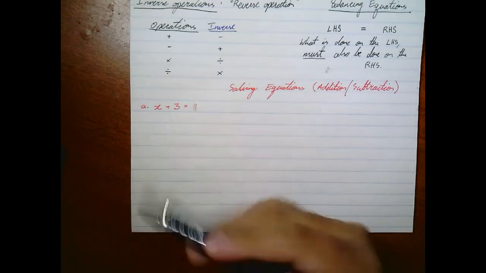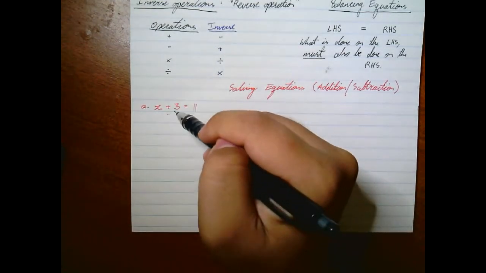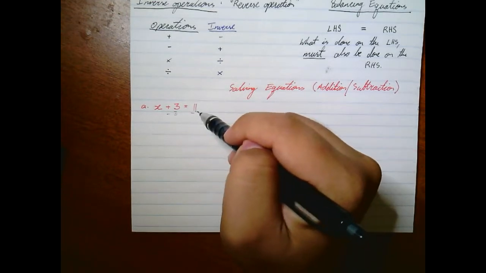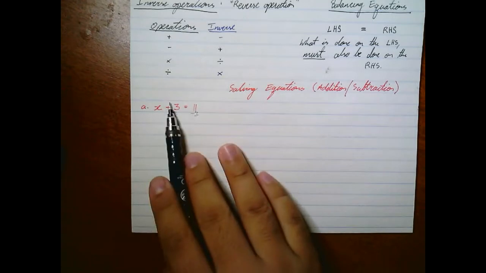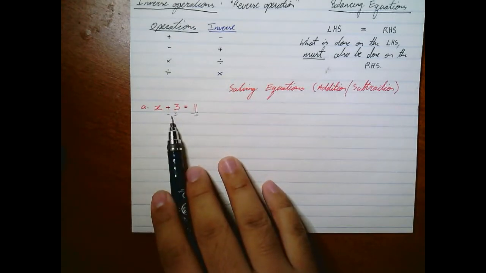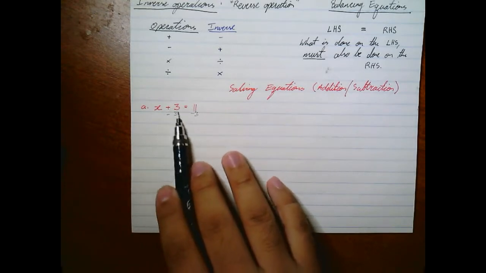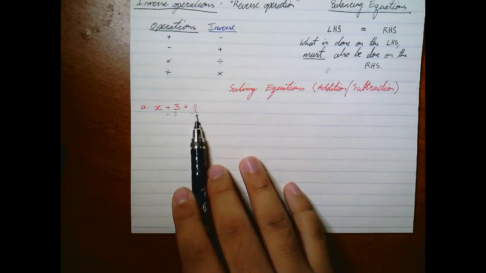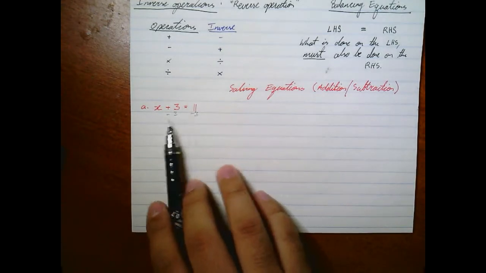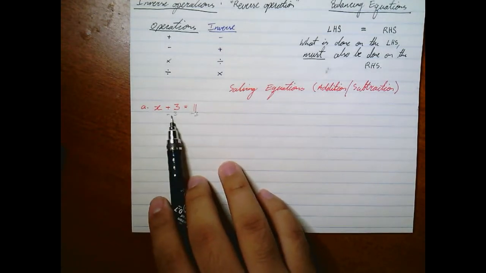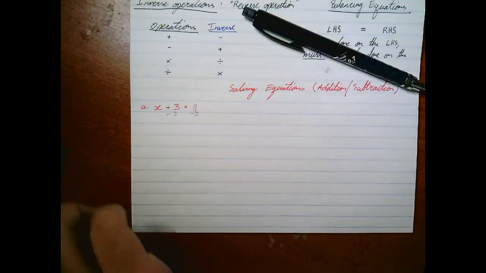So the inverse operation is we have to subtract 3 on both sides. The inverse operation of plus 3 is minus 3. And since we're subtracting 3 on the left, we must also subtract 3 on the right. So I write these out. When you first start, it's always good to actually write out your inverse operation.